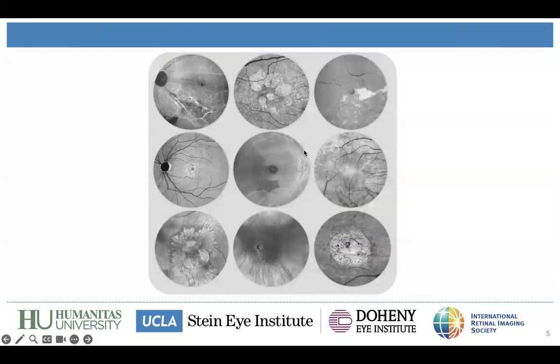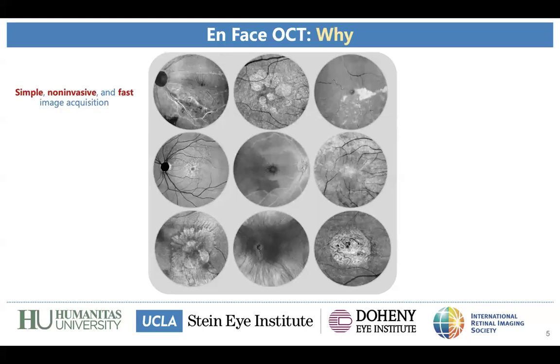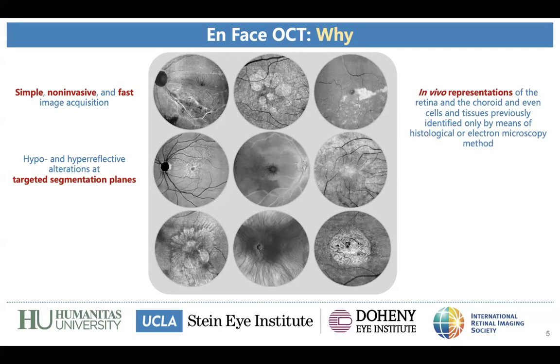So why are we here today? As you all know, face OCT is a very simple, non-invasive, and fast imaging technique that allows us to visualize hypo- and hyperreflective changes at target segmentation planes, and gives us an in vivo representation of retinal and choroidal tissues that were previously only identified by means of histology or electron microscopy.